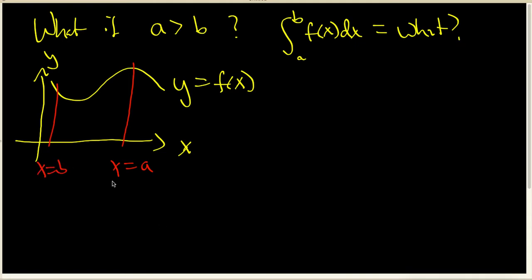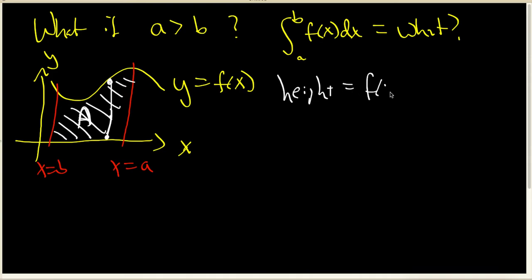We still have a nice chunk of area. And I can still think of the height of this area as equal to f of x. So the height is still f of x, and in this particular picture, that would be a positive number.